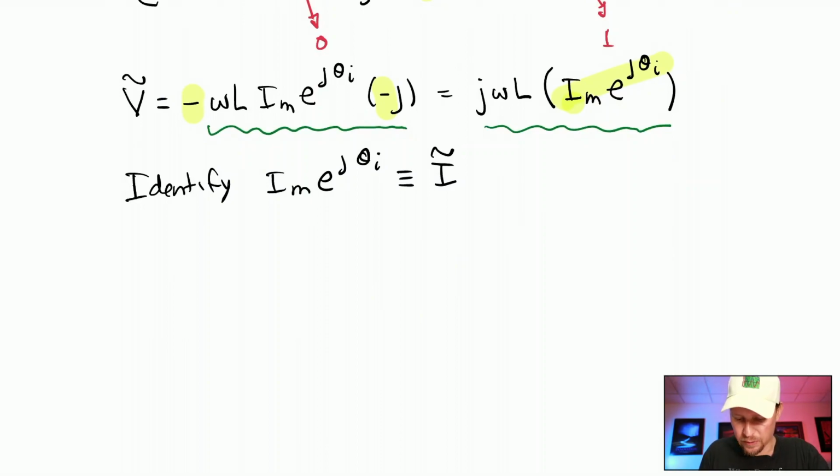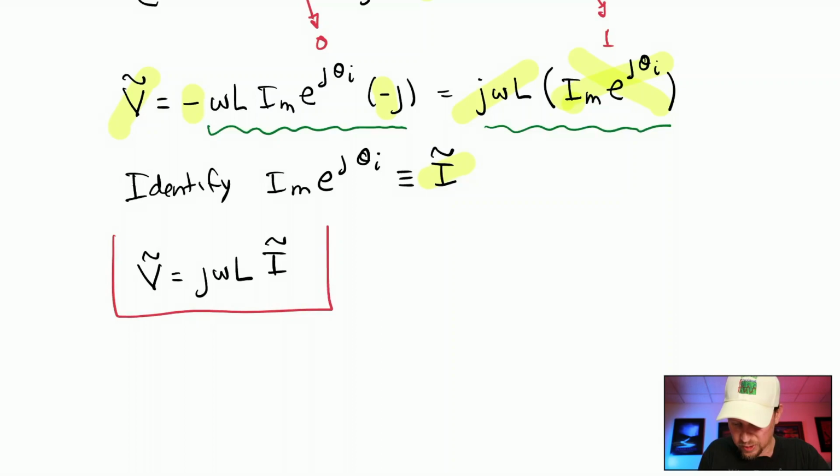So here, for the IV characteristics for the inductor, I have the phasor voltage equal to, well, we have j omega L times now this phasor current there, which we can rewrite like this.